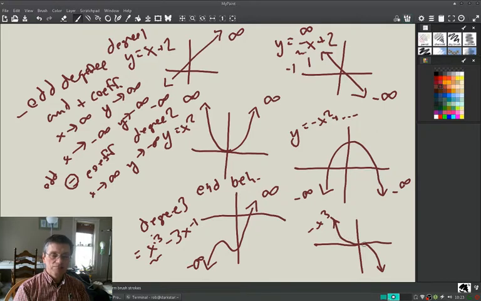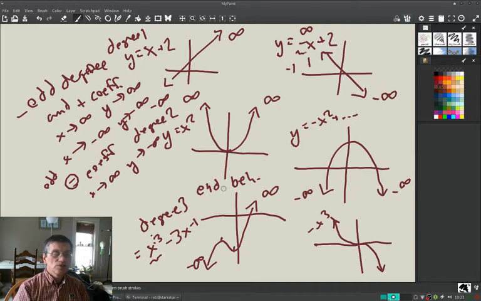This one has none. It doesn't turn. It flattens out, but then it's always decreasing. This is increasing, then decreasing, and increasing. It has 2 turning points. So a degree 3 has a maximum of 2 turning points.